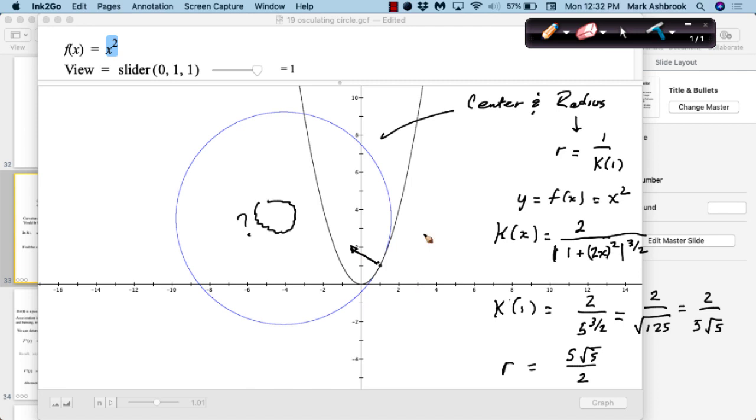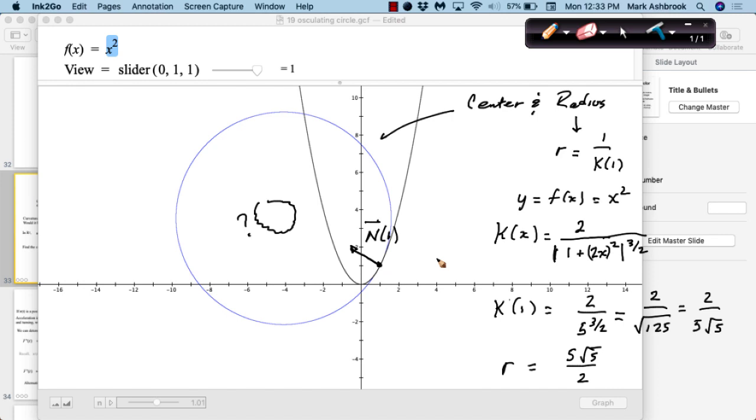What's the magnitude of it? It's 1. And how far do we need to go? R. So if we just scaled up the normal vector by R, and then did what? Vectors are mobile, right? So put its tail at our point, and then scale it. It's going to take us right to the center.